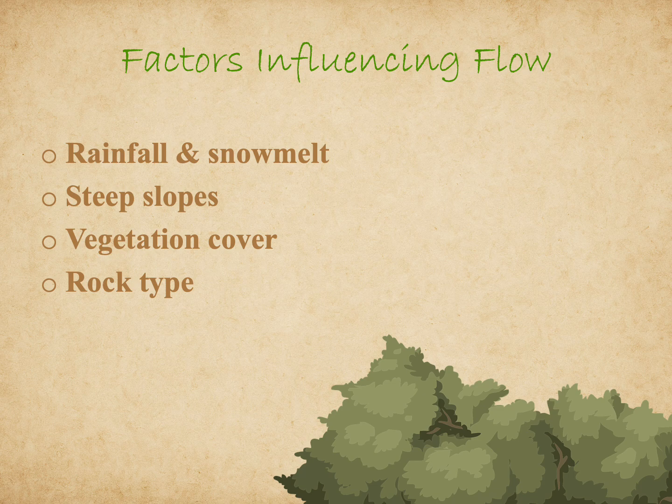Here I talked about some factors that affect the water flow, and the biggest factors are rainfall, snow melt, the steep slopes, the vegetation in this area, and the different types of rocks the creek flows over.